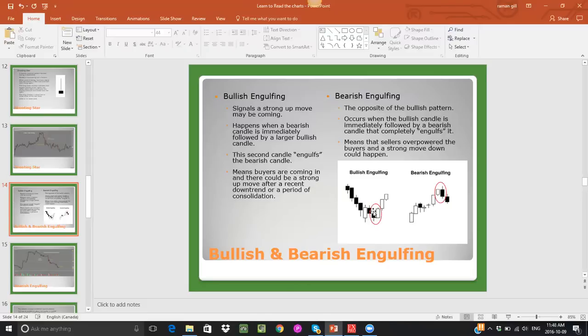So the second candle basically engulfs the first candle, and it means that the sellers have run out of steam, and now buyers are stepping into the market, and we could see a move to the upside. Bearish engulfing on the other side is the opposite of that. So we'll have a small bullish candle and a large bearish candle.